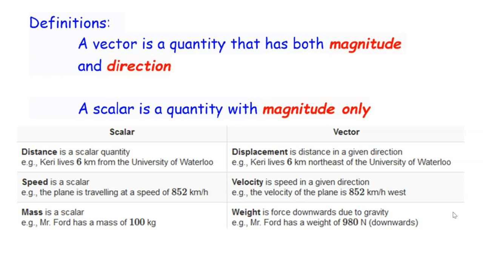So when you add that component to it, now you're moving from a scalar to a vector. So the two things again are related, but you have to add another dimension to the distance in order to make it a vector quantity. If you want to give a vector quantity, you have to give both the direction and the distance together.